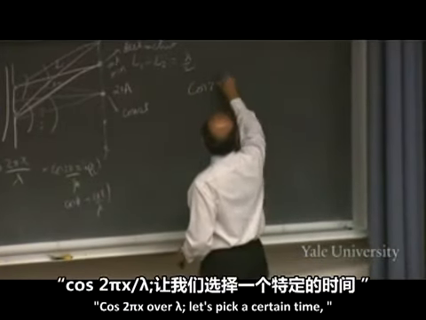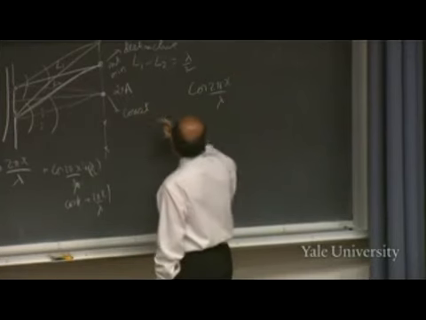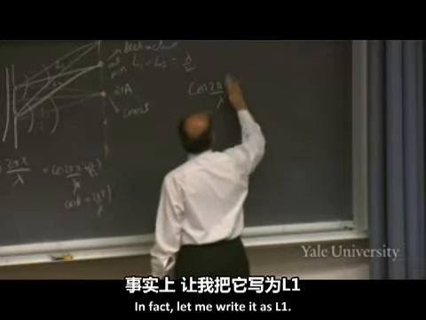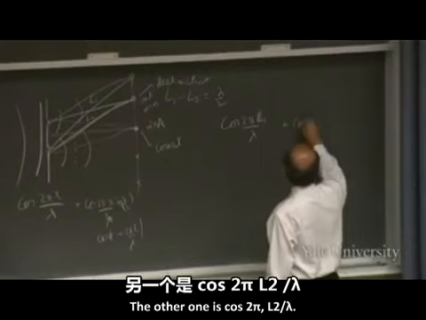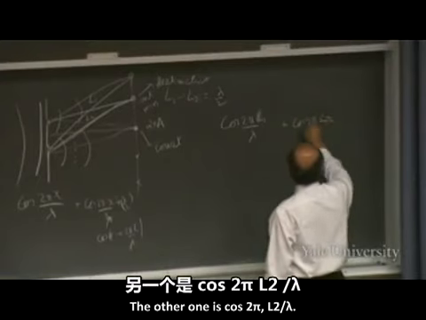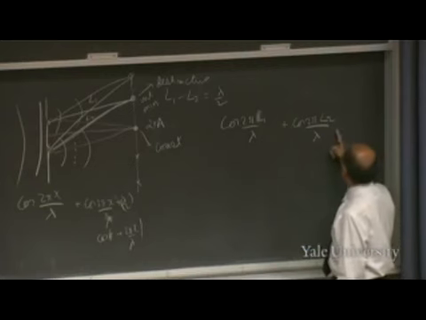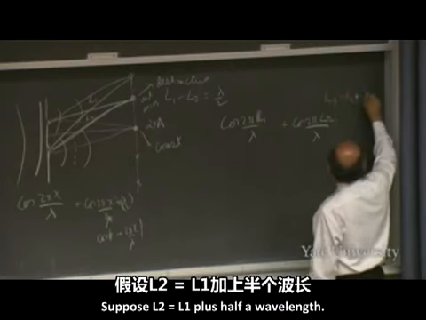Cosine 2 pi x over lambda, let's pick a certain time so that I don't worry about omega t. In fact, let me write it as L1. The other one is cosine 2 pi L2 over lambda. I'm adding two waves. Suppose L2 is equal to L1 plus half a wavelength.